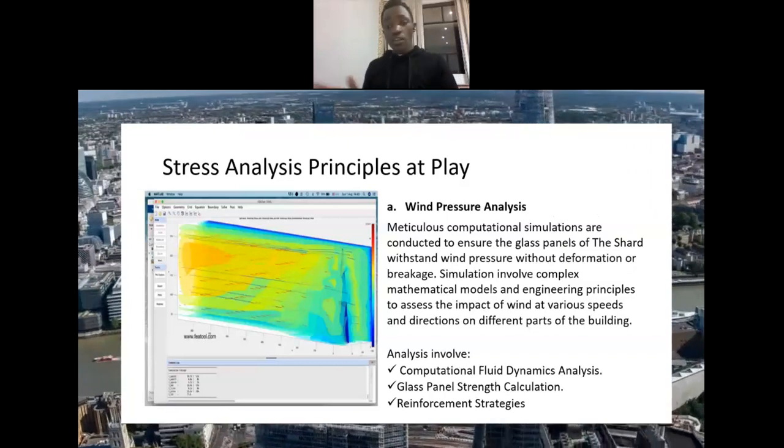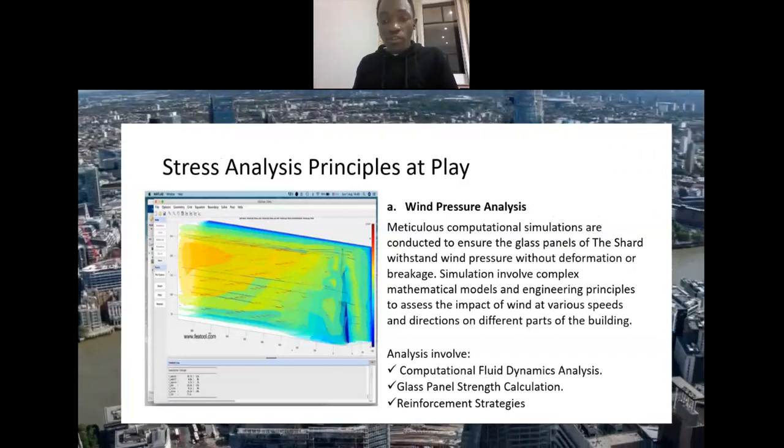Meticulous computational methods were applied, using engineering principles to assess the impact of wind at various speeds and directions on different parts of the building. This was done through computational fluid dynamics analysis, where we simulate the airflow patterns around the building by inputting wind speeds and directions and the building dimensions, to calculate the wind distribution of the load.